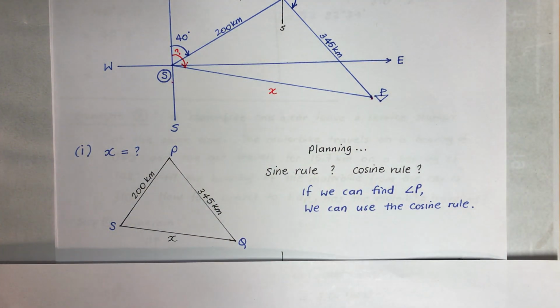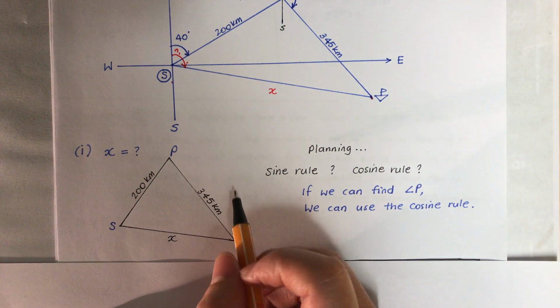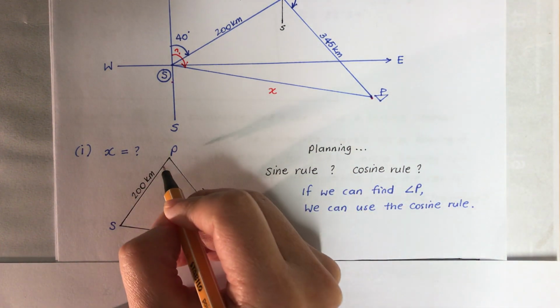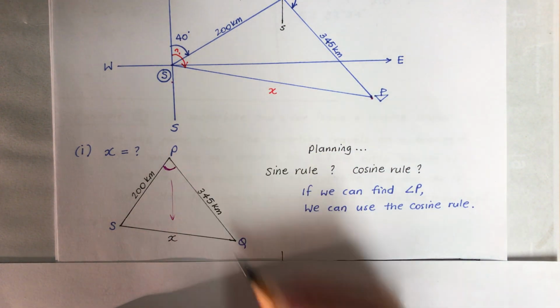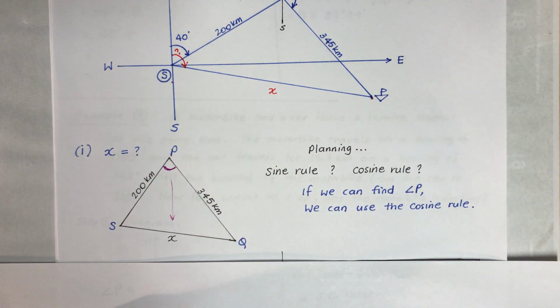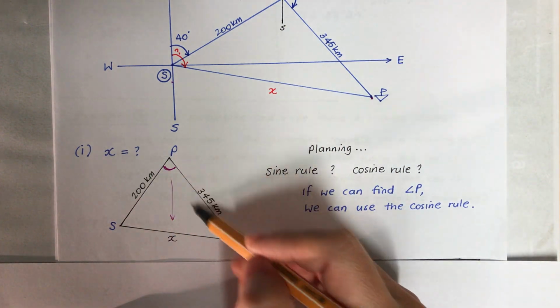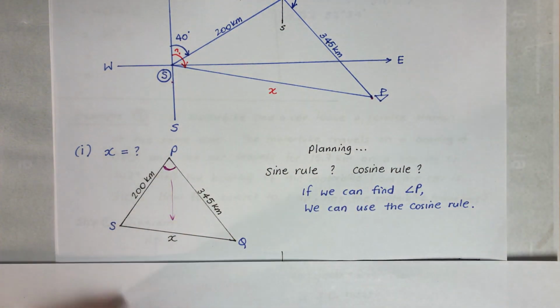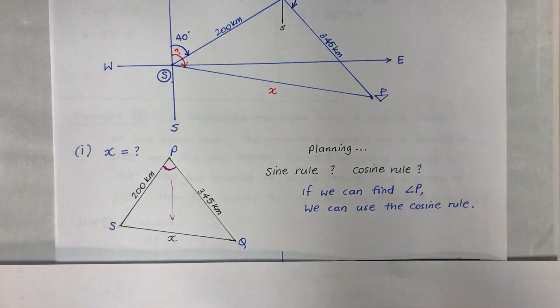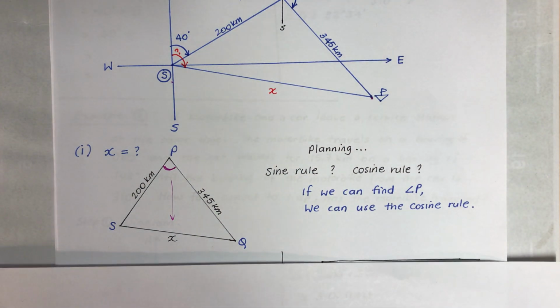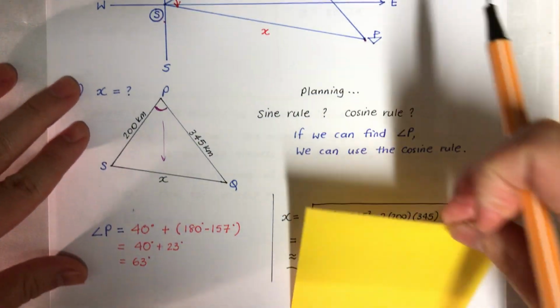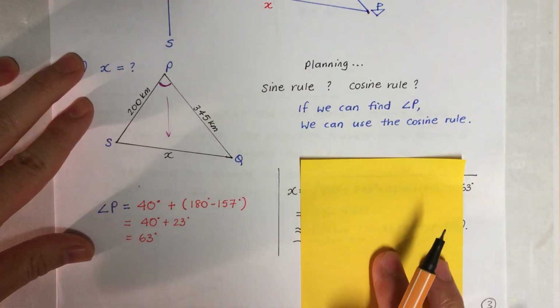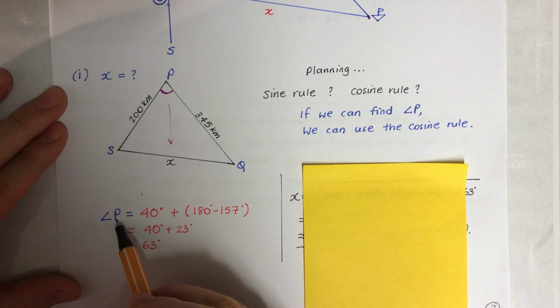But if I can find the angle P, I can use cosine rule for this one, because remember with cosine rule, you need to have the two sides covering, almost like protecting the angle. Yep. Okay, so find the P.